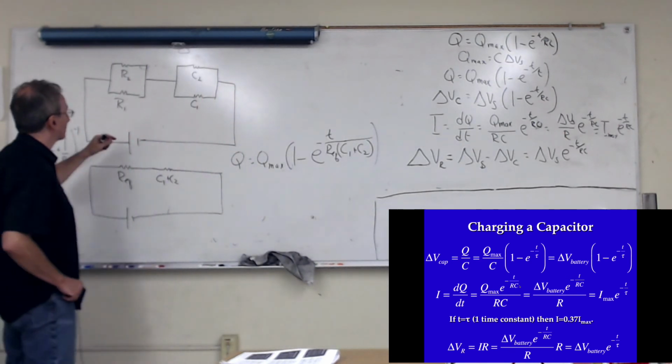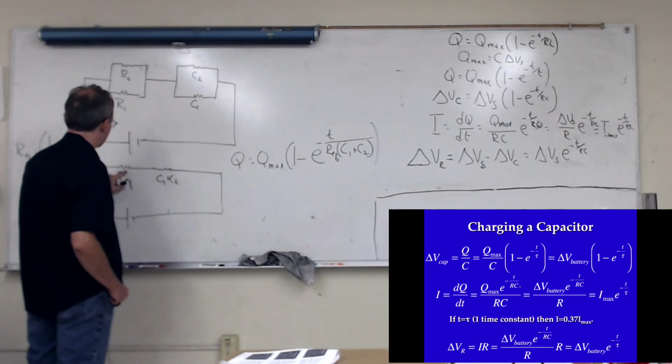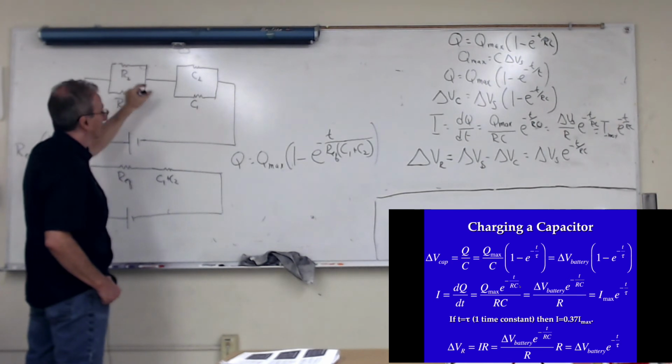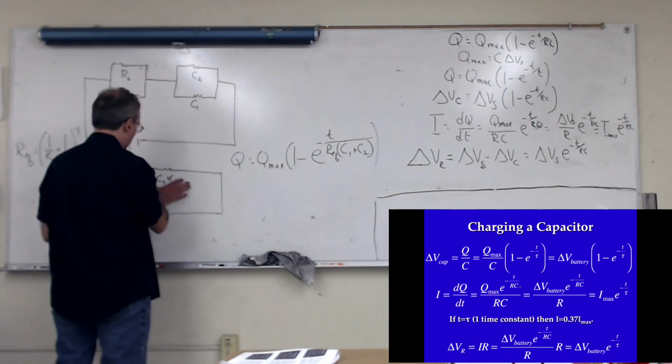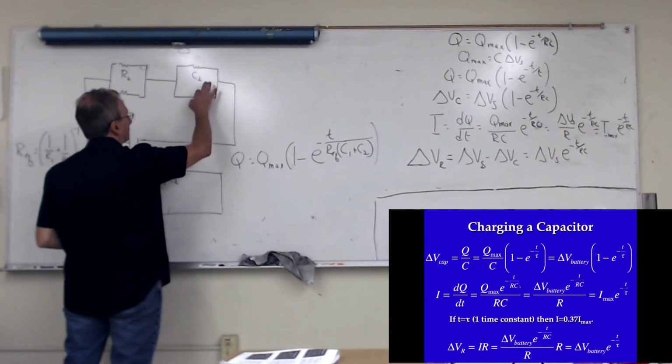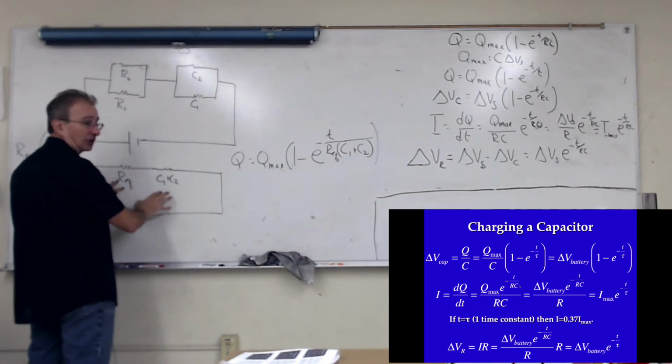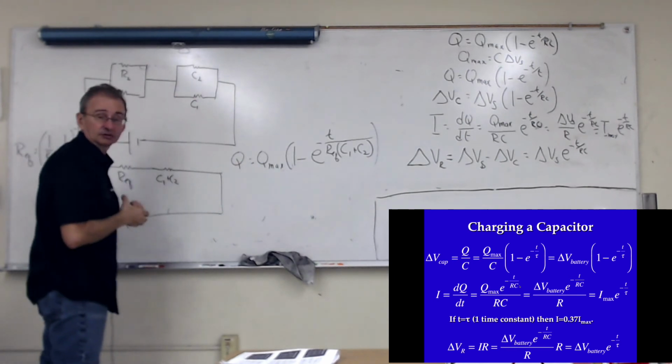And then you know the voltage drop across this is the same as the voltage drop across each one of these two. You know that the voltage drop across this one is the same as the voltage drop across these two. So you can just figure out everything in this circuit and then go back to this. That make sense?